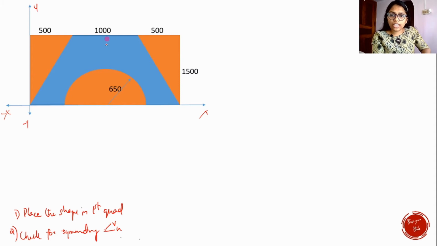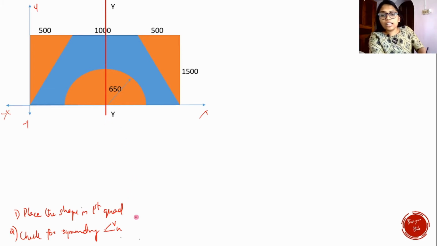So for this shape, you can clearly see that once we fold this figure vertically, the left and right side overlap each other, isn't it? So we can say that there is a vertical symmetry, and let us mark it as such, because when vertical symmetry is there, then we can say that x bar lies on that axis.